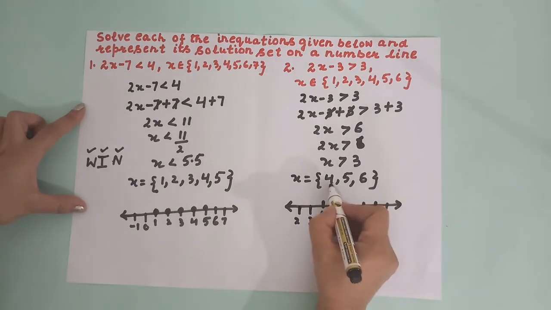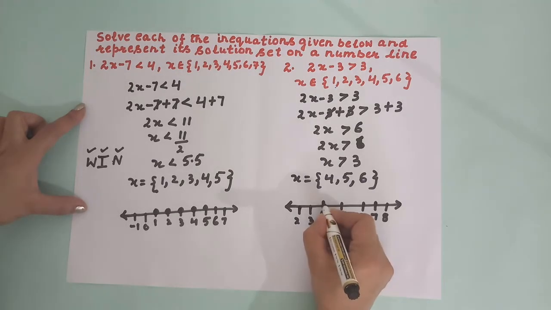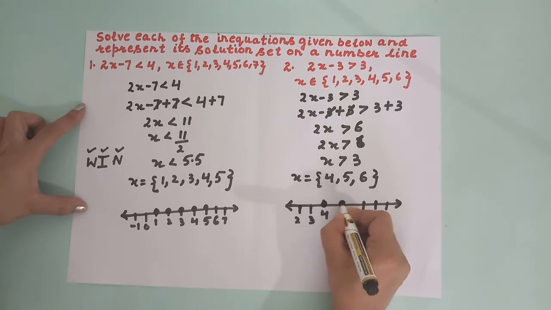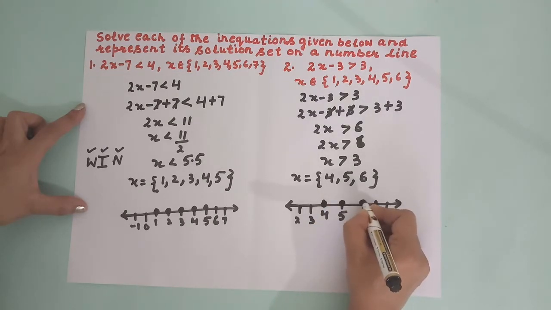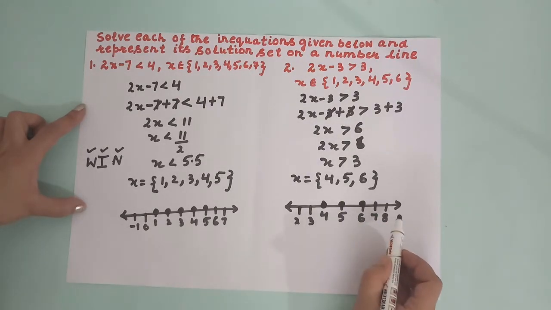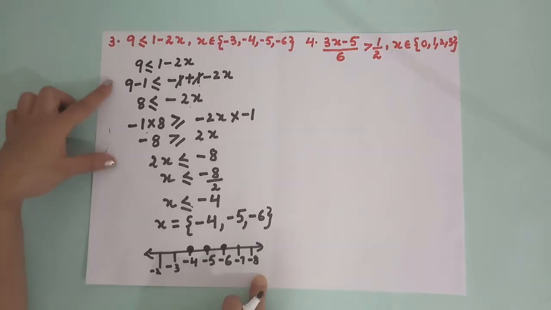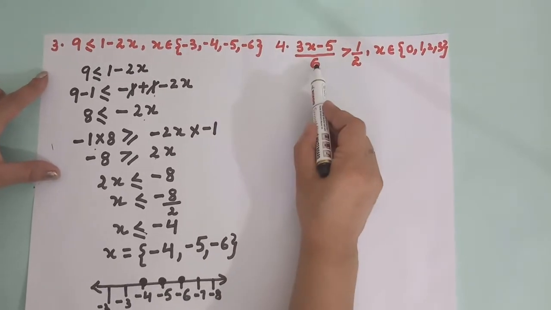Then since 4, 5, 6, they are natural numbers, you can call them whole numbers also. You can even call them integers also. So place dark circles on 4, 5 and 6. That's how we represent the solution set on the number line. Right? Let's try some more examples with this. Now, let's take a look at this equation.